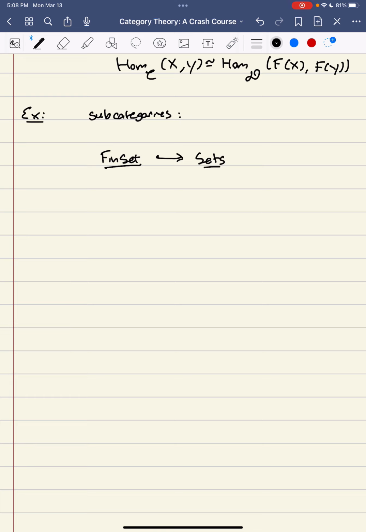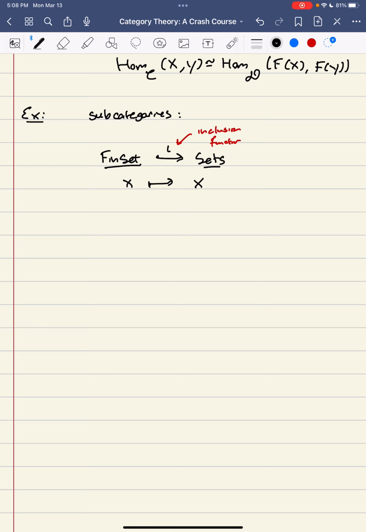The category of finite sets is its own category, and any finite set is itself a set, so I have an inclusion functor. It's just sent to itself.